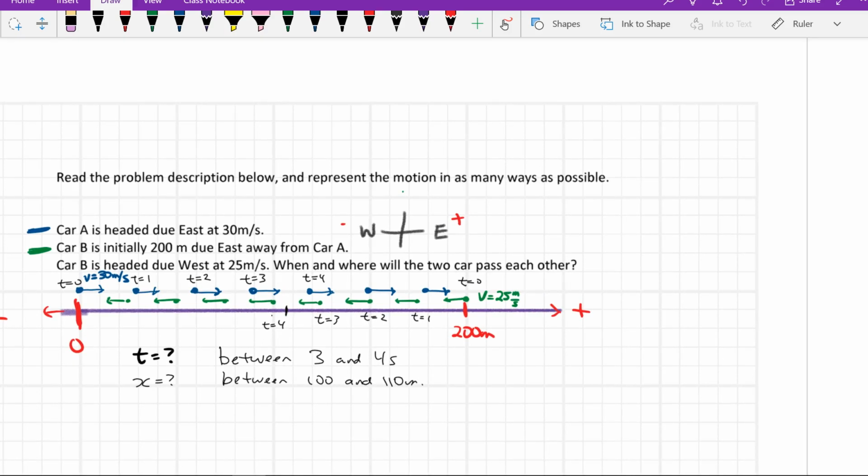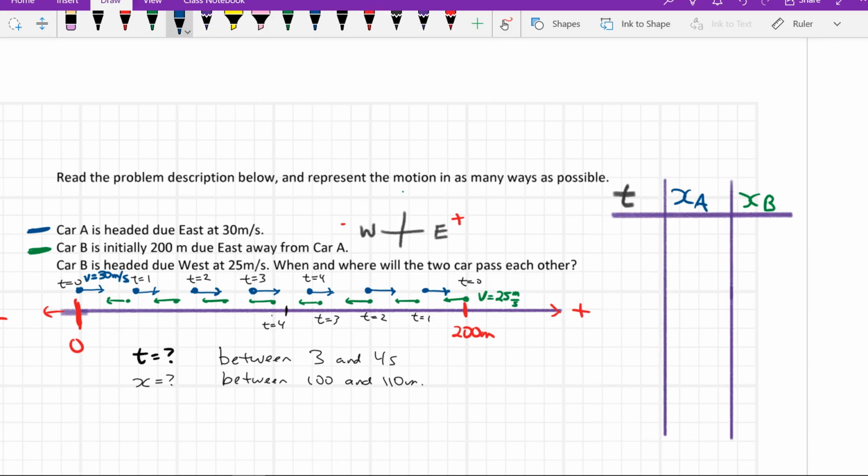So here, I'll just make a nice little table. Okay, so I made my table with time, and we've got 2 different positions to keep track of. So it's really the same information. So if I put 0 here, 1, 2, 3, and 4, and we think, okay, so car A is moving east, and that's in the positive direction at 30 meters per second.